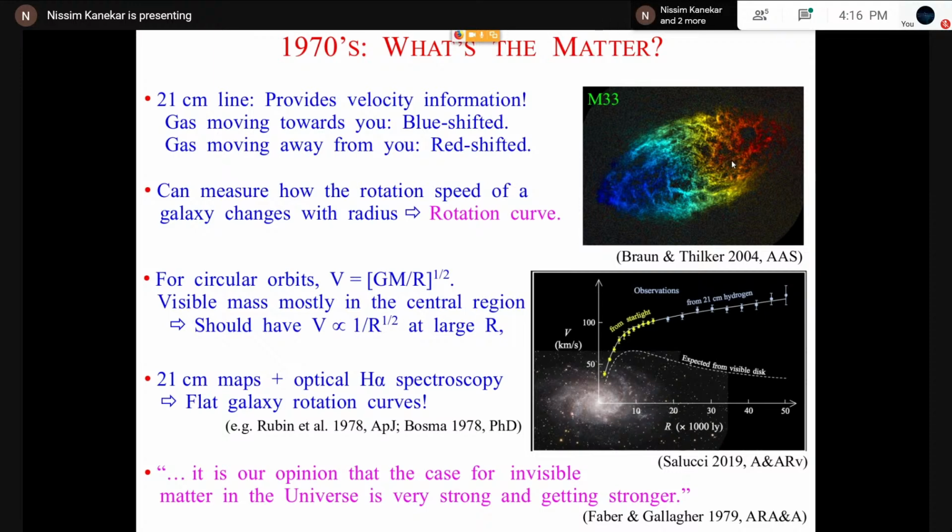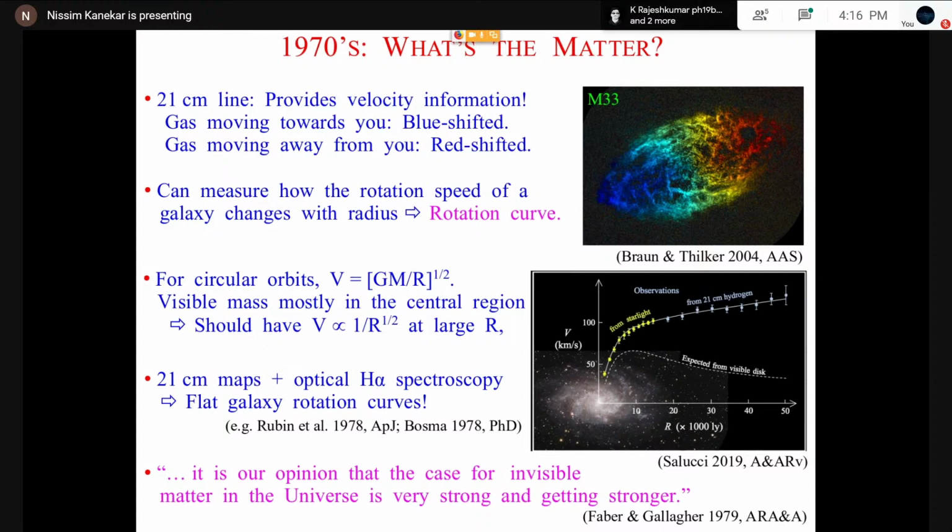Now, when you have this nice rotation measurement, you can even measure how the rotation speed of the galaxy changes as you go further and further out from the center of the galaxy. You can measure how the rotation speed depends on radius, the distance from the center. And this is called the rotation curve.